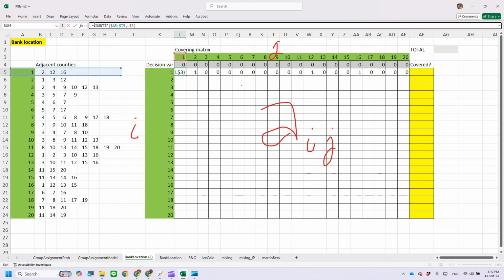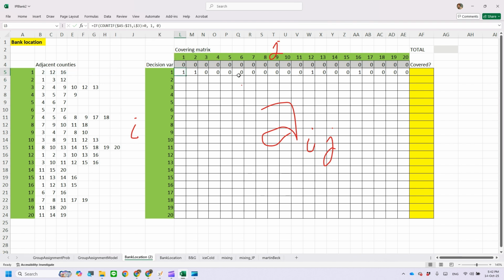If this one is in this list, so you can see that I fix column A to column I, and then if L4 is in this list, it's greater than 0, then the value is 1, else 0. Okay, so you can copy this formula out.